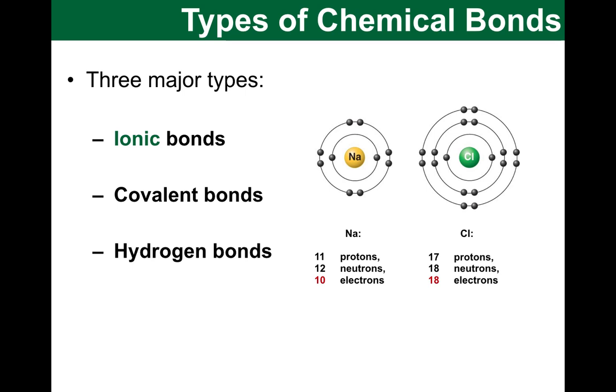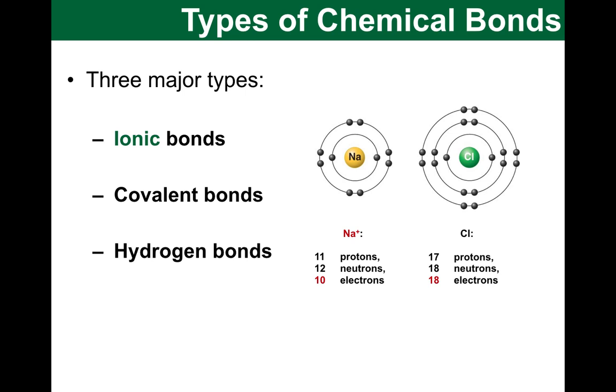But we have a bit of an issue to tackle. We remember from earlier that normally an atom has the same number of protons and electrons, right? But now we end up with the sodium having one less electron than it has protons. And as electrons are negatively charged and protons positively charged, now overall the sodium is going to be slightly positively charged. And the same, but in reverse, is true for chlorine.